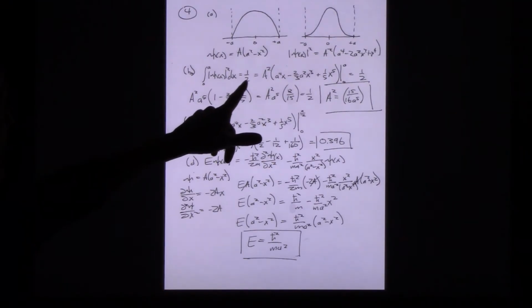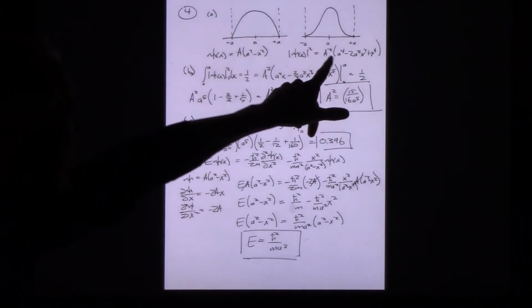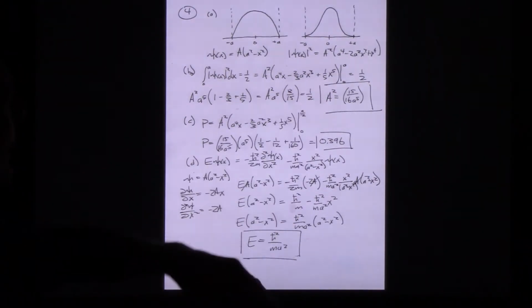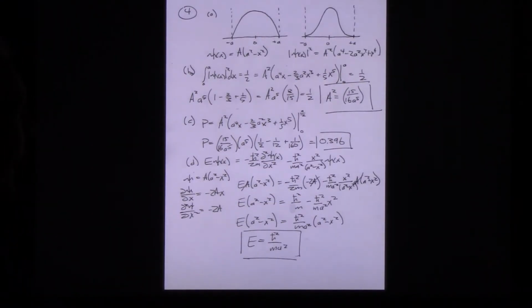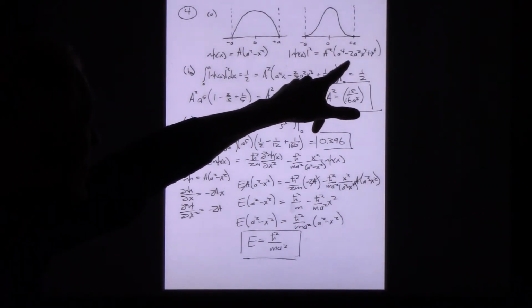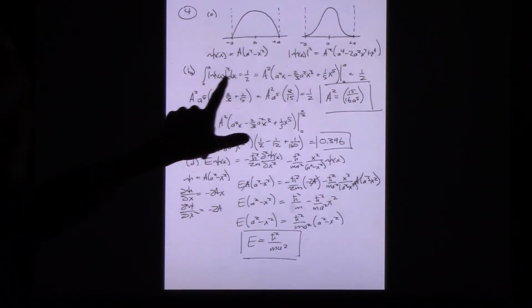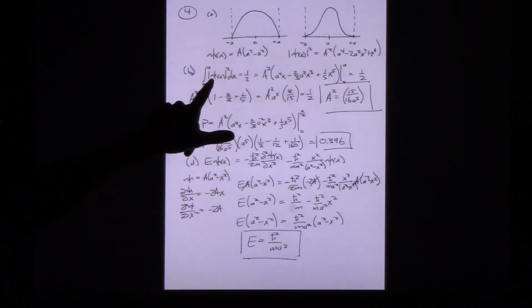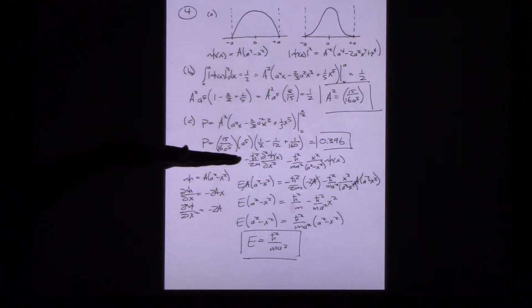So that's what I did. I took the a squared, and then all of this stuff here: a to the 4th, minus 2a squared x squared, plus x to the 4th. I took that function and integrated it. I didn't actually show it in the integral sign, trying to conserve a little bit of paper.